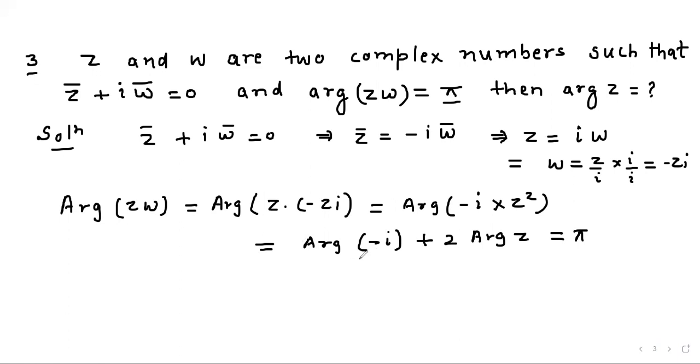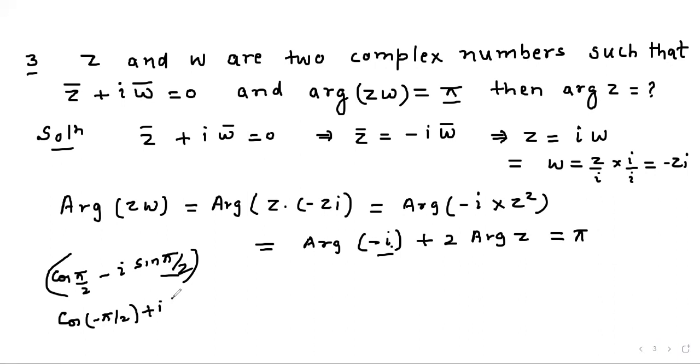And arg minus iota: here it is cos pi by 2 minus iota sine pi by 2. So arg is minus pi by 2, because cos of minus pi by 2 plus iota sine of minus pi by 2 will give cos pi by 2 and minus iota sine pi by 2.